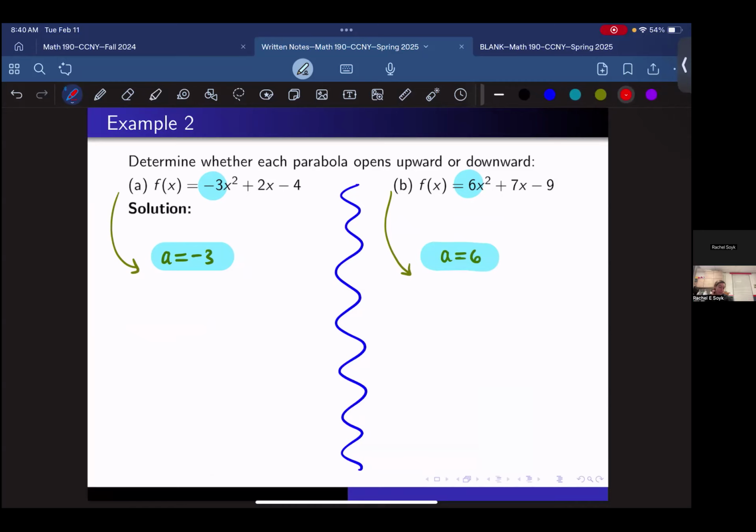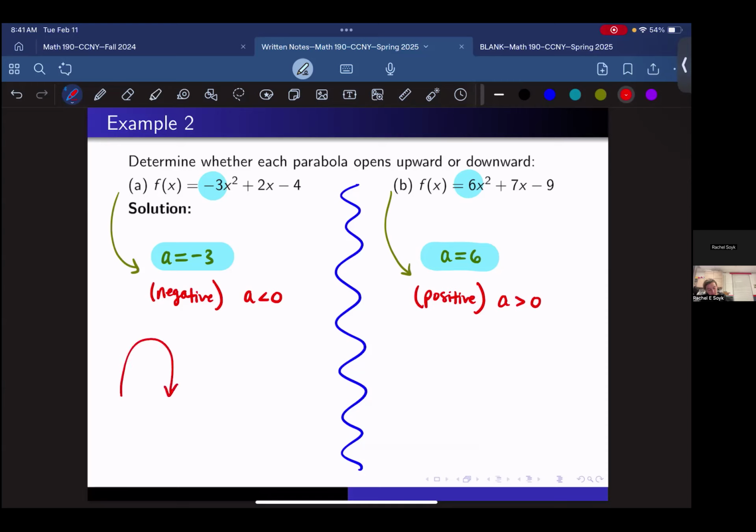You can make, for part A, it's negative, aka our a is less than 0. In our part B, it's positive, aka otherwise known as our a is greater than 0. So in our part A, if it's negative, what's happening?